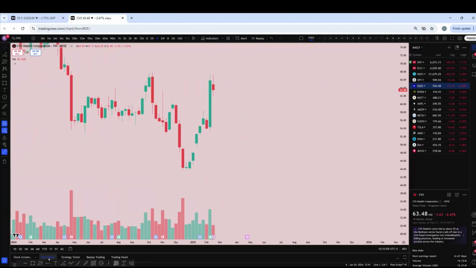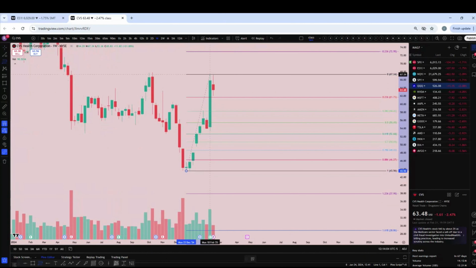All right, so here, got an inside print. And what I'm looking for is for us to come down into at least this 58.26, potentially. So CVS, PT, what was that, 58?